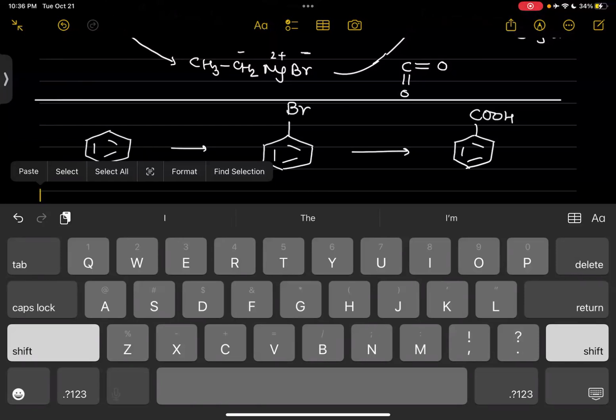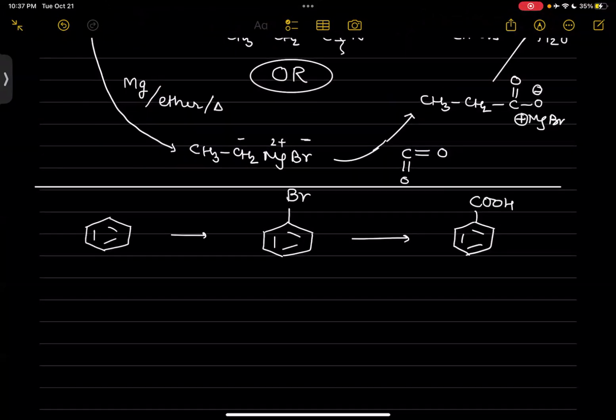Reagent also. Is this clear or not? So Lewis acid along with, Jasleen, what you need to take?